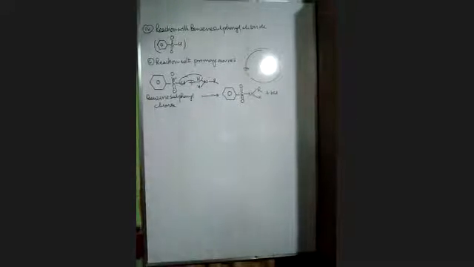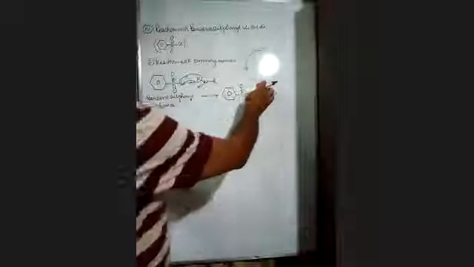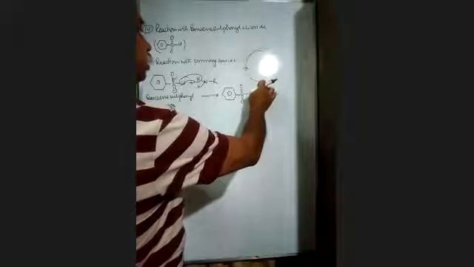This is also an amide, but an amide of sulfonic acid. So we call them sulfonamides. Okay, so it may have one alkyl group or aryl group.